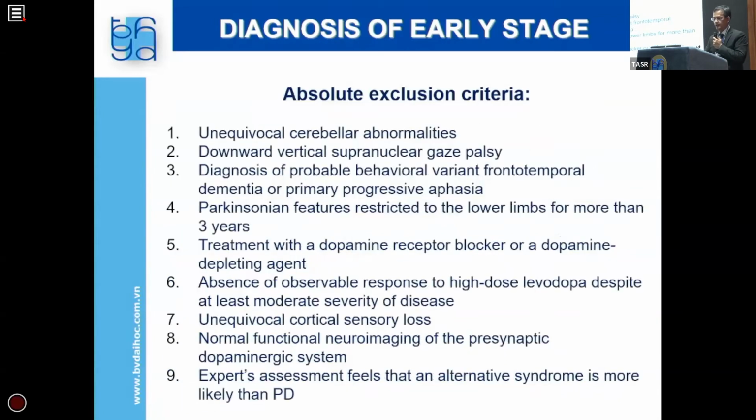This is the absolute exclusion criteria. You can see there are 9 features. I think we can use a checklist in the paper to check that the patient with Parkinson's disease must not have any feature of these exclusion criteria.